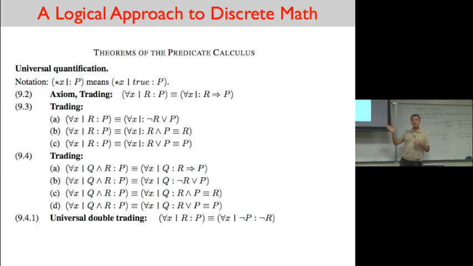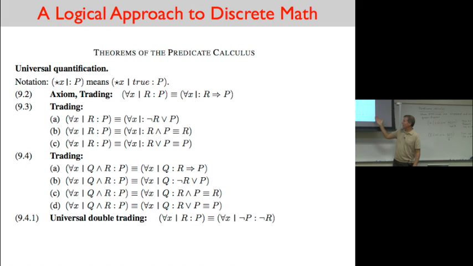So suppose the type were natural number, then all the natural numbers would be 0, 1, 2, 3, 4, 5, 6, 7, 8, all of them, right? Okay? So let's suppose that x has type natural number. On the left-hand side, it's saying for all of those x's that are natural numbers that satisfy R, P is true.